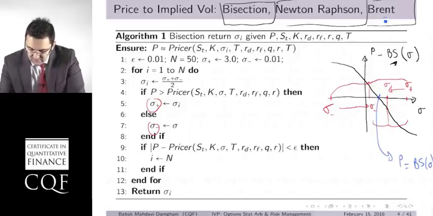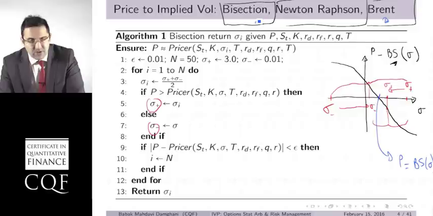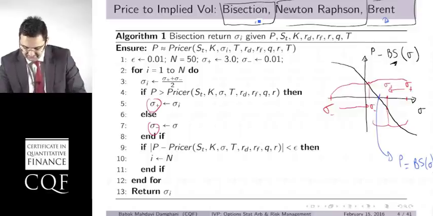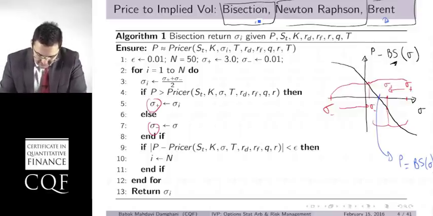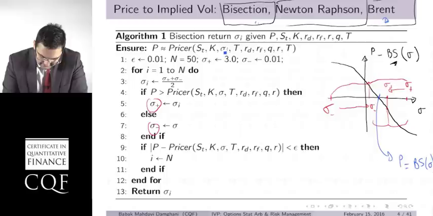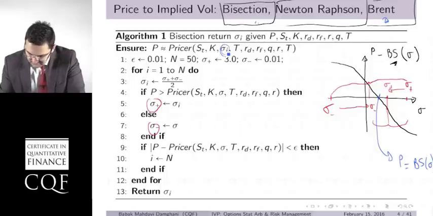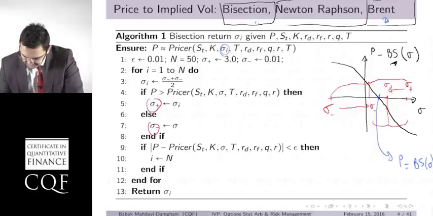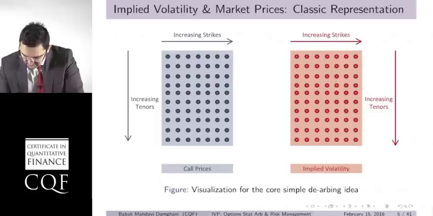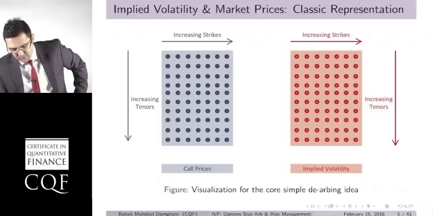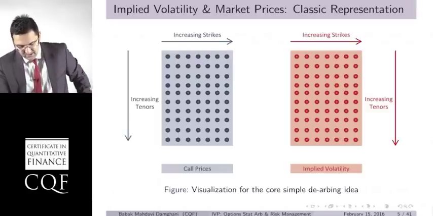And if it doesn't converge, then you switch back to the bisection methodology. Okay? So this is how you fetch that sigma from the price risk. Okay? So this should be sort of well known for people who work again in that industry.